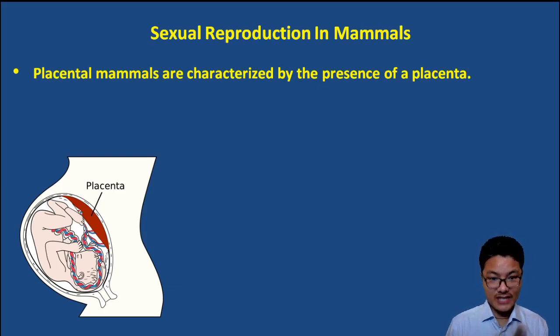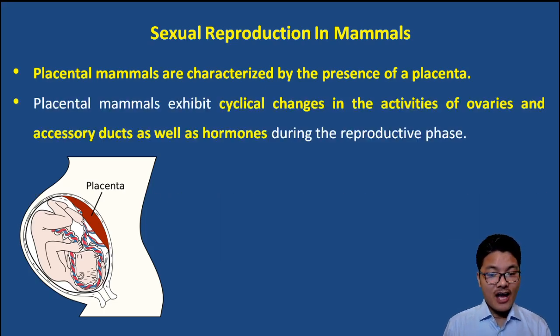We'll discuss those later. So placental mammals are very characteristic in the presence of a placenta, a specialized tissue. Now these mammals, which possess a placenta, show different cycles in their reproductive phase.